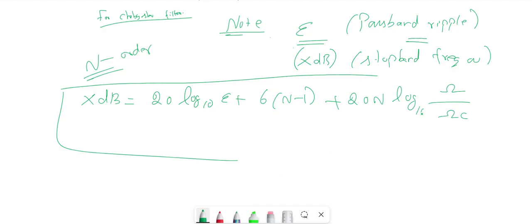You can use this formula directly to find the order of the filter.